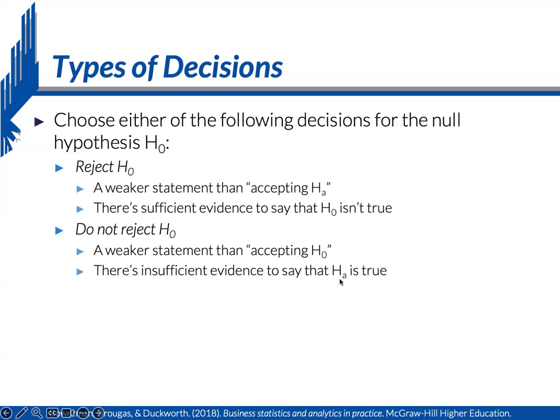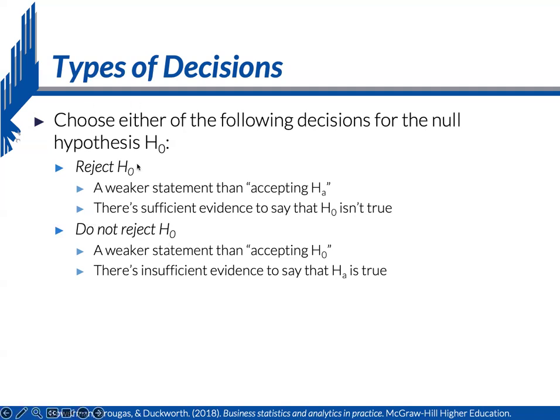It's just that it's not convincing enough. And therefore, we just say that we do not reject the null hypothesis. Yes, it's still possible for the alternative hypothesis to be correct. We just don't have enough evidence for now to support that. That's why we still assume that the null hypothesis is still the correct statement.